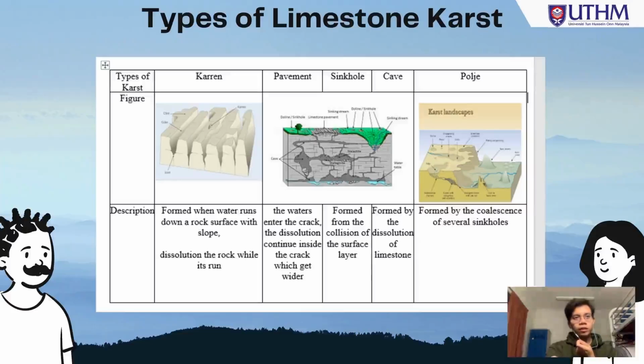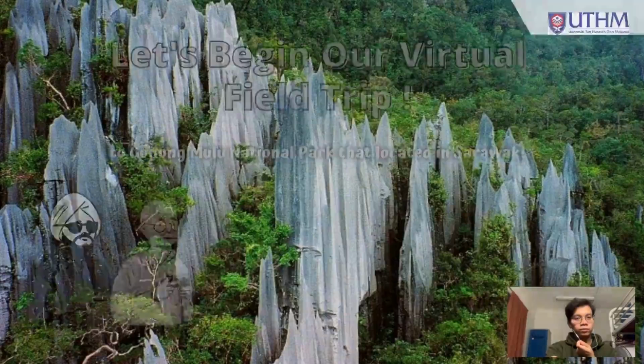Pavement: the water enters the crack, and the solution continues inside the crack, which gets wider. Sinkhole is formed from the collapse of the surface layer. Cave is formed by the solution of limestone. And last but not least, polje is formed from the coalescence of several sinkholes.